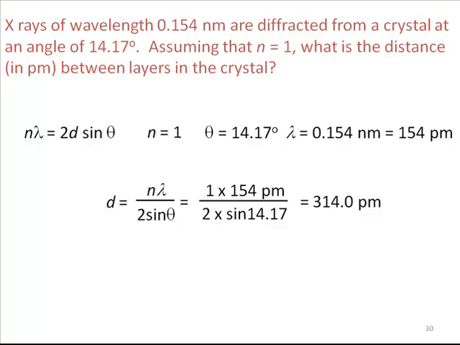The key things that people usually mess up on are the conversion between nano and picometers, or typing this into their calculator wrong, which hopefully doesn't happen. Just to clarify, picometers is 10 to the negative 12, right?